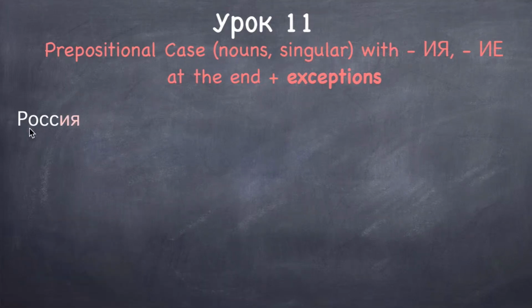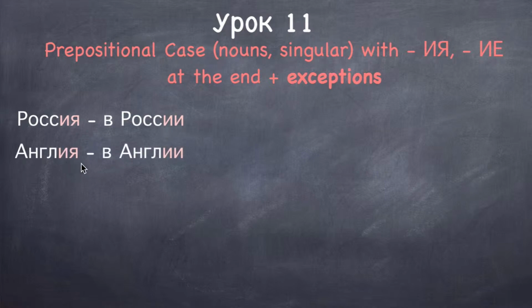Россия, в России. So I have this feminine gender noun ending with -iya. In the prepositional case, I changed it to double e. В России. Англия, в Англии. Don't forget to connect my preposition with the next word.